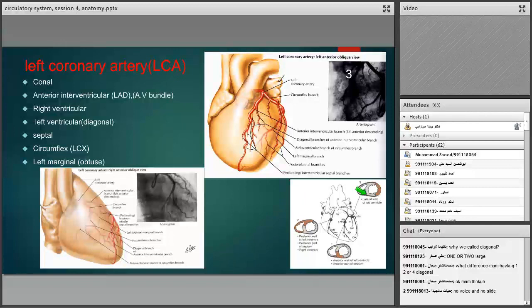So, look at here, the 4/5 of the interventricular septum is being supplied by the LAD.